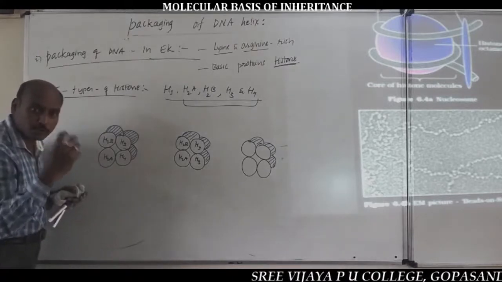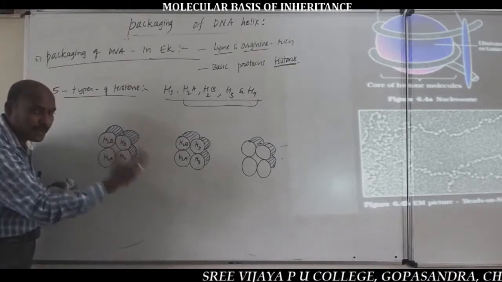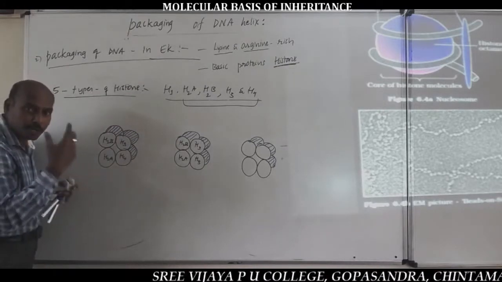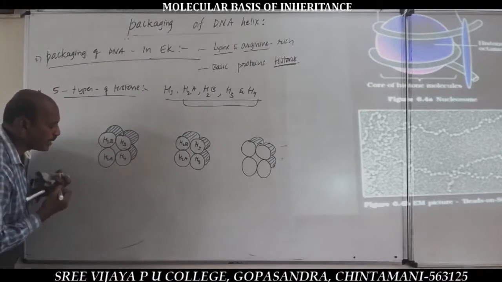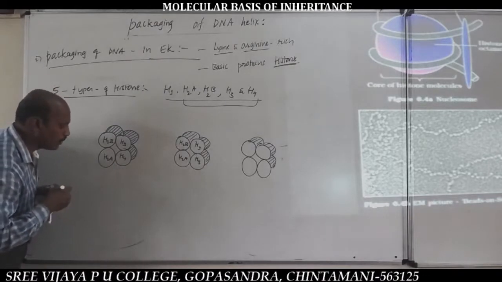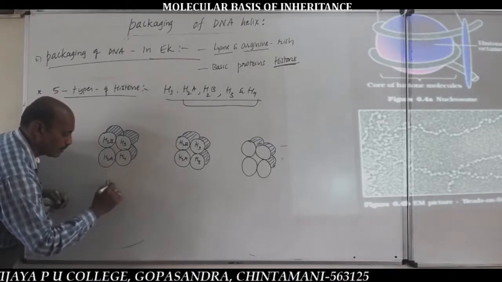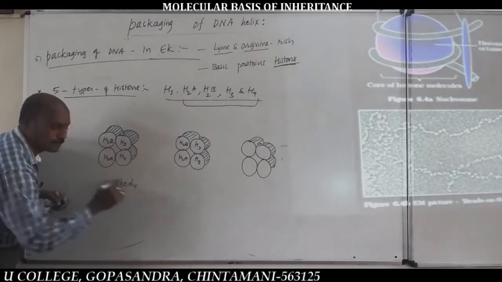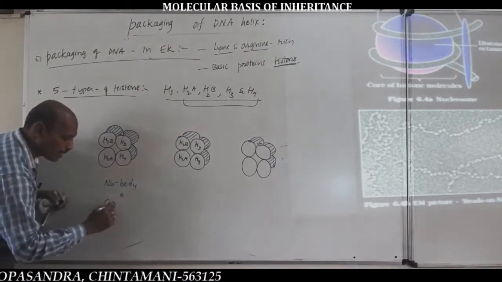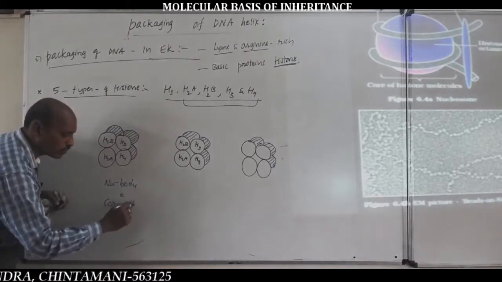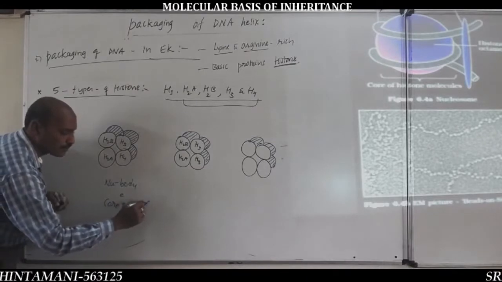So 4 histone proteins occur in pairs to produce a histone octamer called nucleosome body or core of the histone octamer.